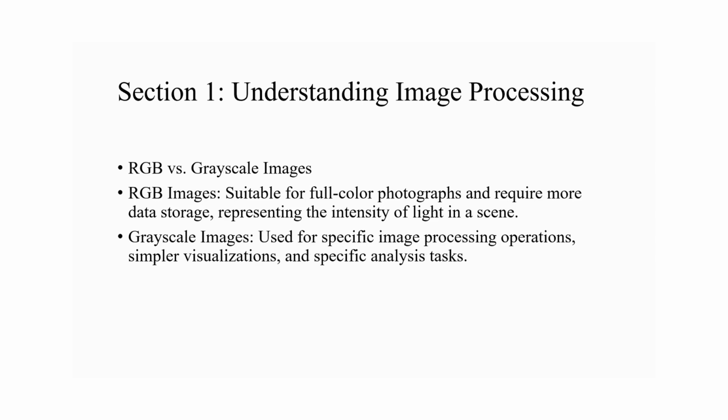So here you can see an RGB and a grayscale image. What is an RGB image and what is a grayscale image? An RGB image is a simple colored image, and grayscale is a sort of gray image. RGB is the two-dimensional color image.